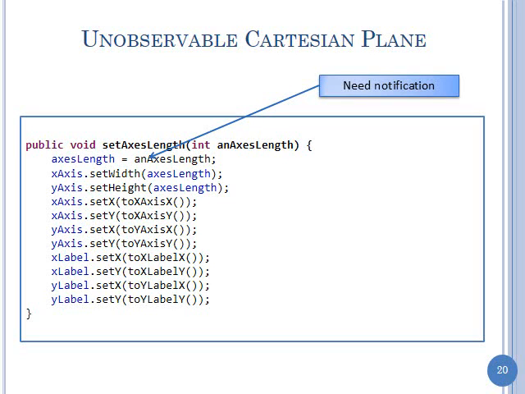So you need to notify the axis length, and this is something to really remember, that notification is only for the atomic properties. As long as the atomic guys go and change, we don't have to go and say that, because you see my y-axis object didn't change. I don't have to go and say my y-axis changed, my x-axis changed, because the object is the same, its component changed.